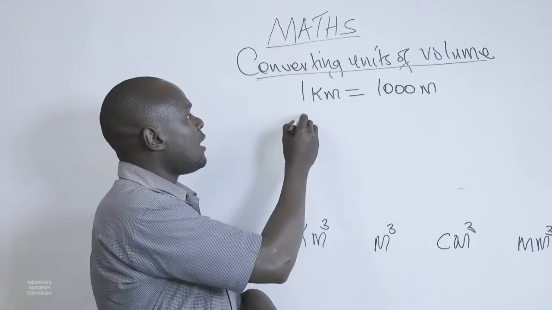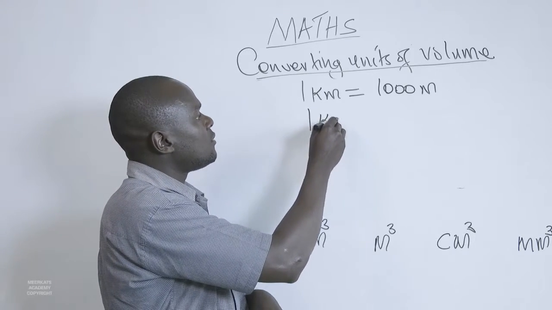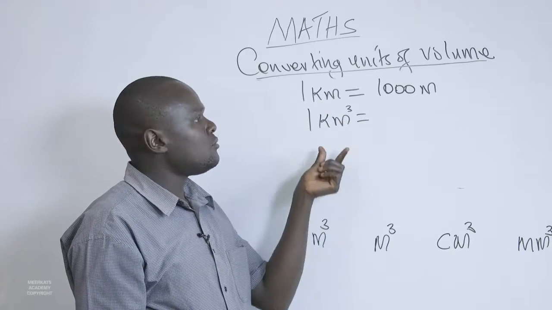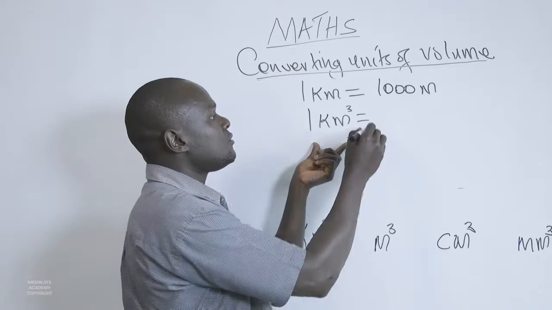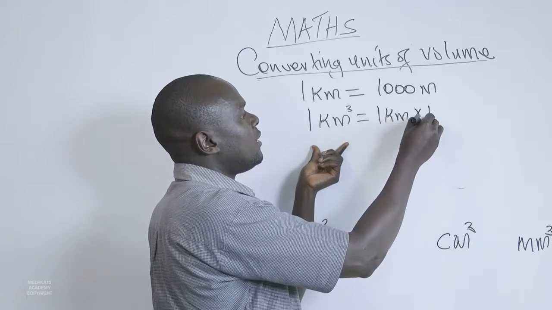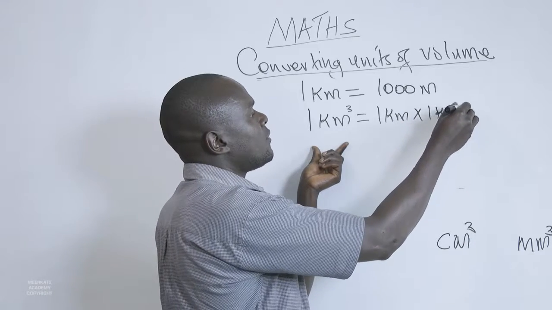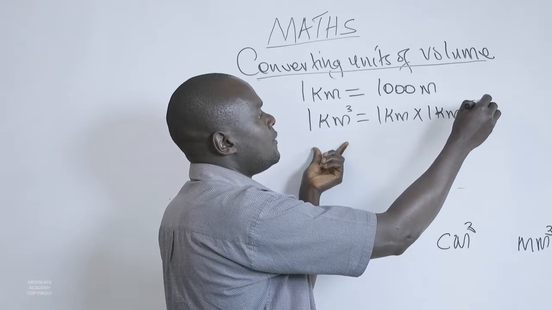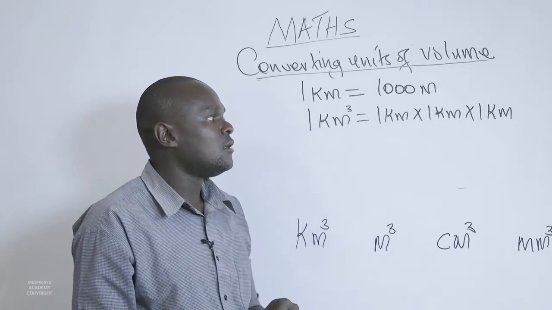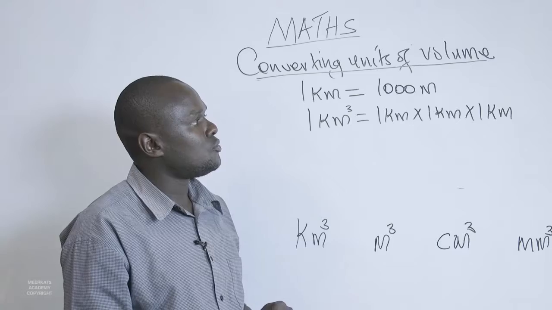What if we were to have 1 cubic kilometer? A cubic kilometer basically means we have 1 kilometer multiplied by another kilometer, then multiplied by another kilometer. This will give us kilometer cubed.